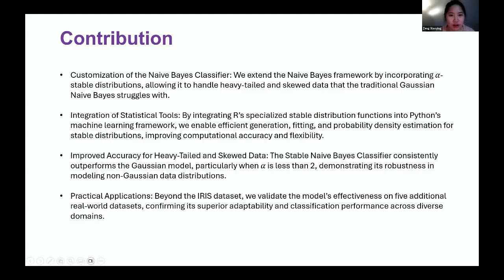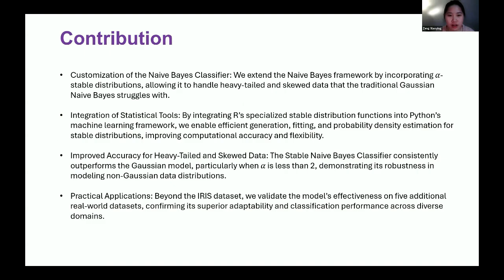The contribution of our paper is, first, that we use the Naive Bayes framework and incorporate the stable distribution in it to customize the Naive Bayes classifier.